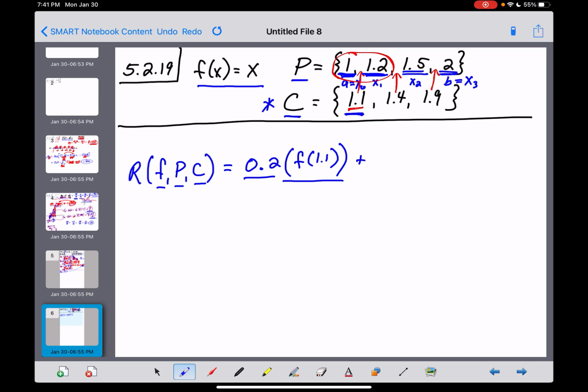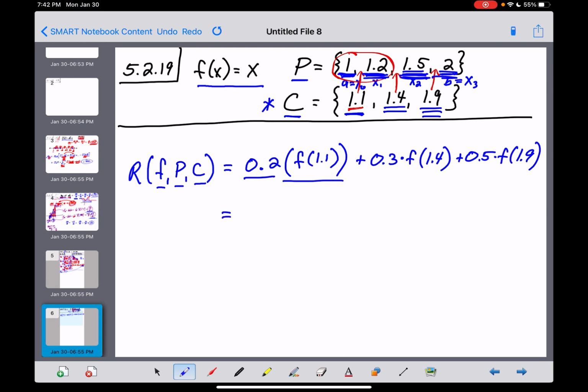We're going to add to that now the base of the second rectangle. It goes from 1.2 to 1.5, so that's 0.3. Let me leave those parentheses off. And the height of that second rectangle gets evaluated right here, f of 1.4. Got it. And the third and final rectangle goes from 1.5 to 2, so it's got a base of 0.5, and its height gets evaluated right here, f of 1.9.